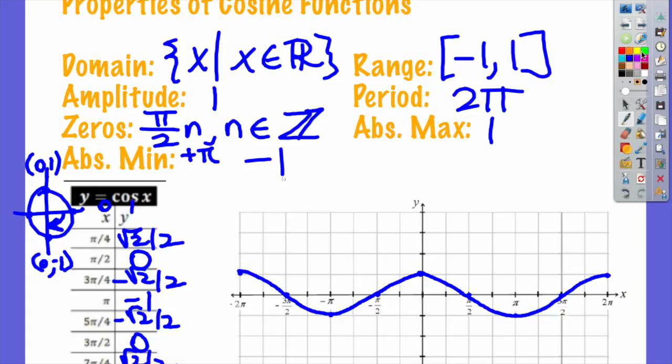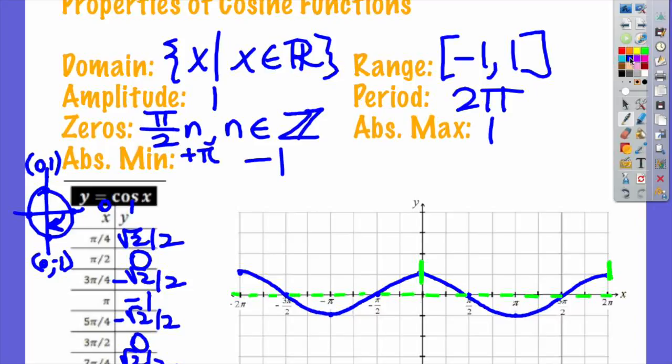When we're looking at sine and cosine, the x-axis is that equilibrium. The distance from that dotted green line up to the max is 1 unit, down is 1 unit. And the period is the distance it takes for the cycle to repeat itself. We start here, and it will repeat itself after that point, just 2 pi.